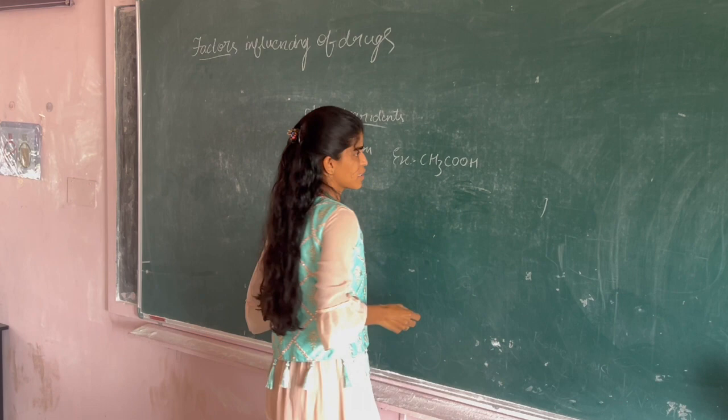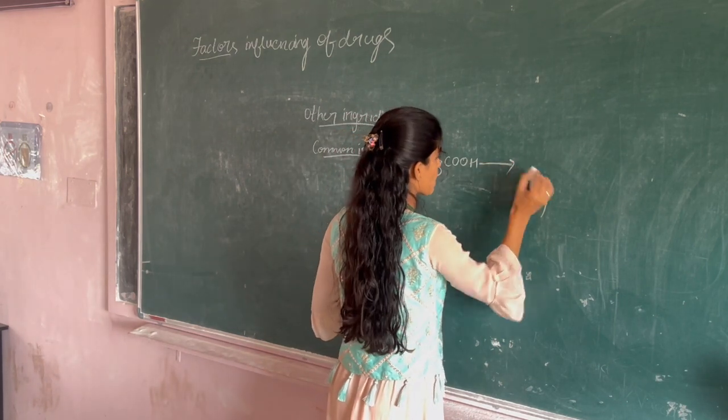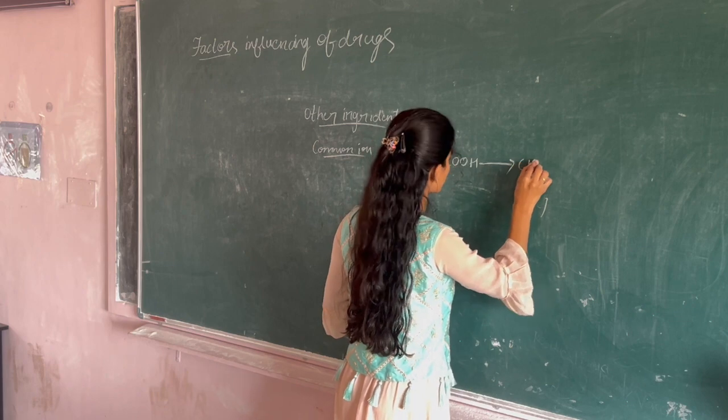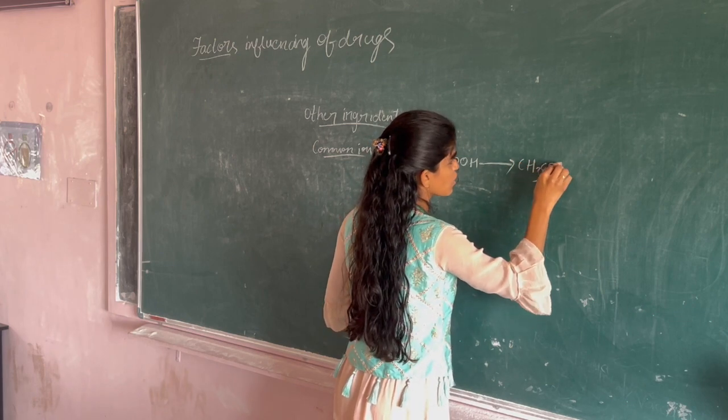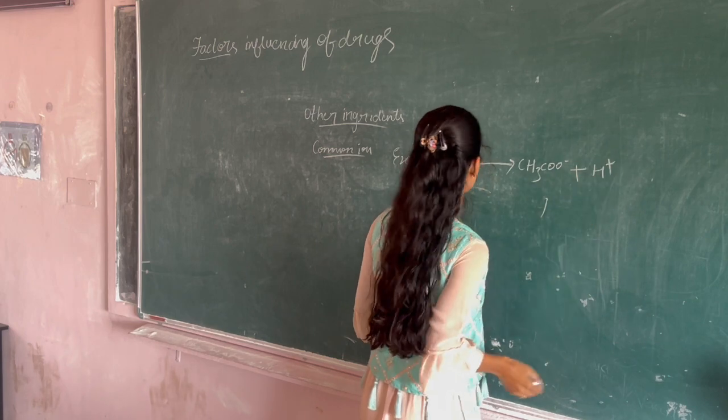In acetic acid, the formation of acetic acid is divided into acetate plus proton.